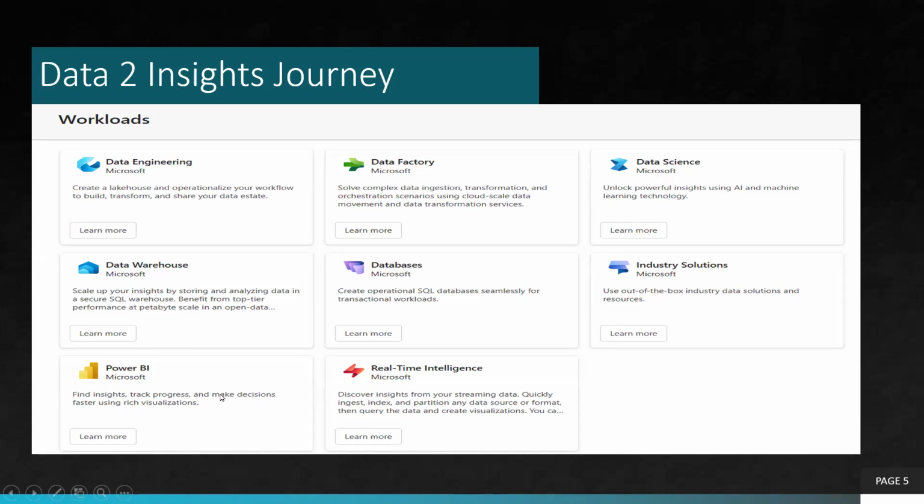Here we are going to be experts in Power BI. At the same time, we are going to understand how databases work, and create operational SQL databases and data warehousing, right? Once we land in a job, definitely we can explore other areas also, whether it can be data science or industry solutions. And the honest answer I give is whichever you want to pick, it's your choice, right?